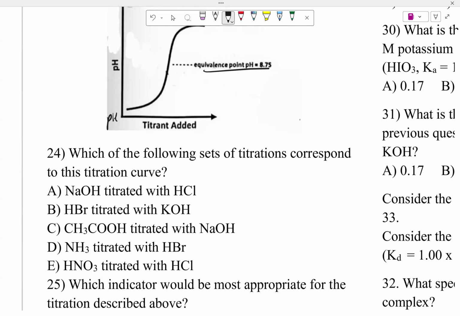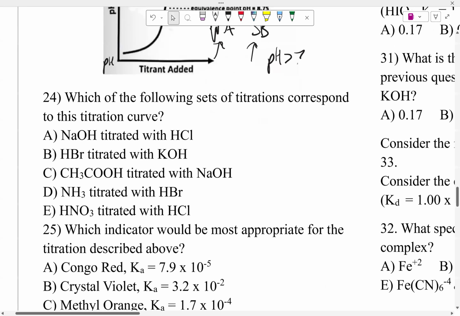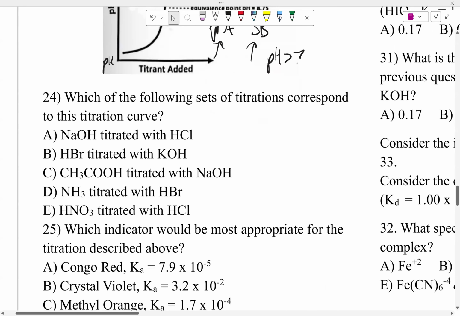If you guys have been studying hard, we know that in a weak acid, strong base titration, the pH at the equivalence point is going to be greater than 7. And so what we see here is a weak acid, strong base titration. So when we look at this, the only example that matches that would be choice C.